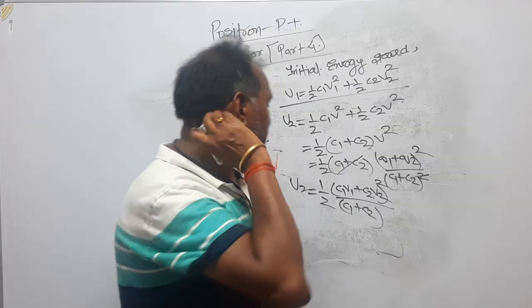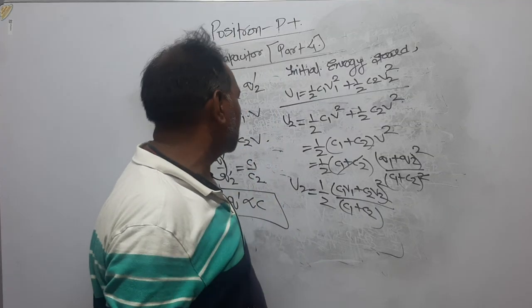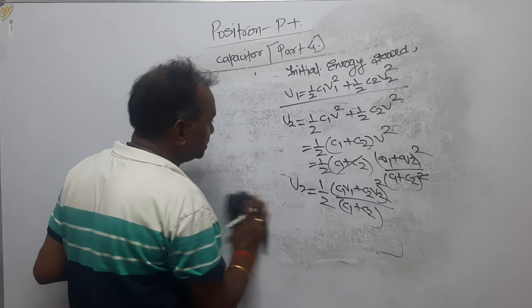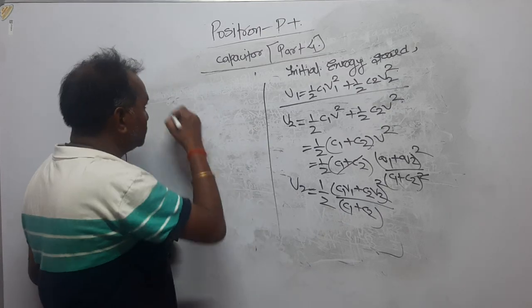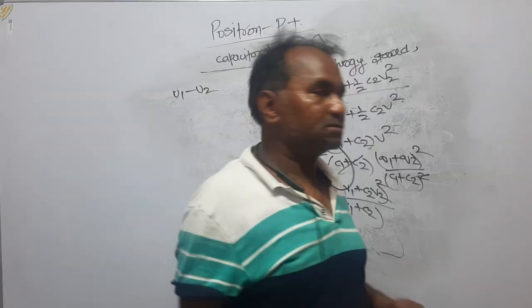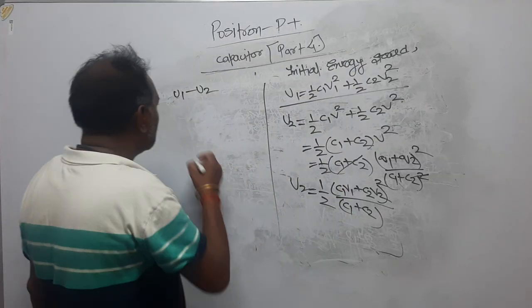Let's find the difference between initial and final energy. I'm trying to find U1 minus U2, right? Initial minus final. What comes?